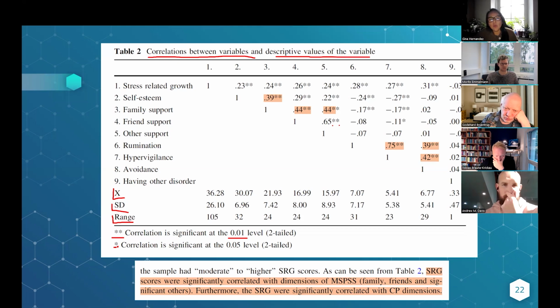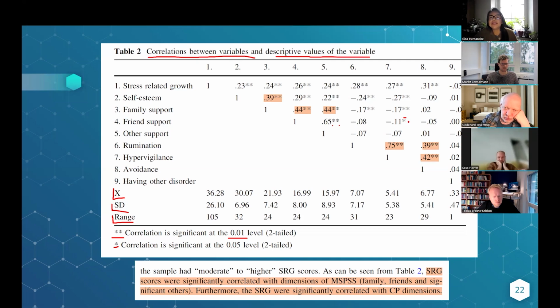And if you see 1 asterisk, let me find one. Only 2 asterisks, right? Ah, here. Yes. 1 asterisk. So for this correlation, the p-value was 0.05, right? So this is the second thing you need to take care with this table.